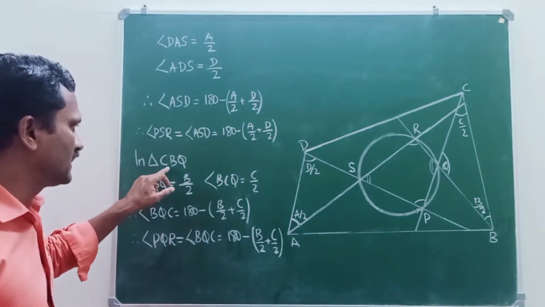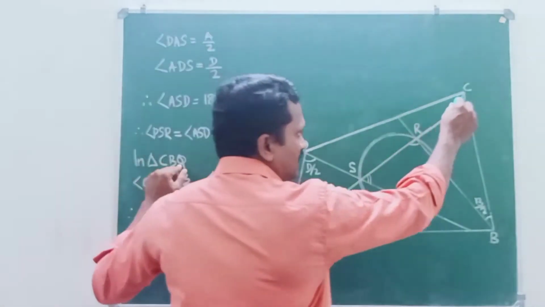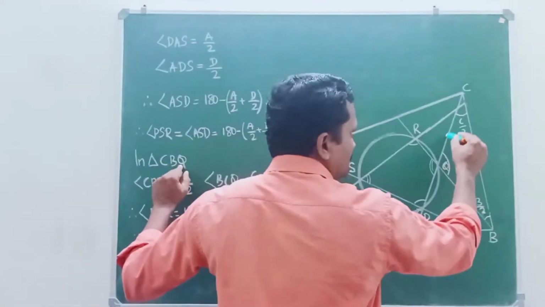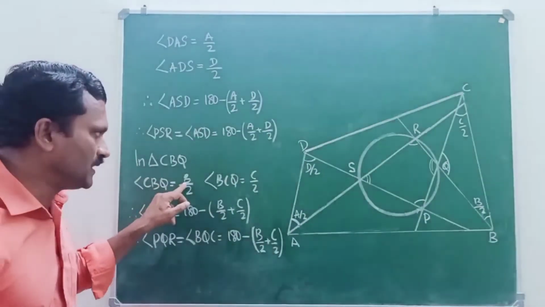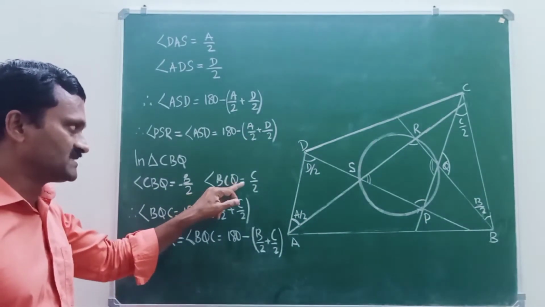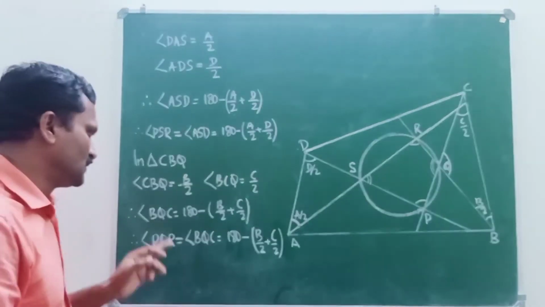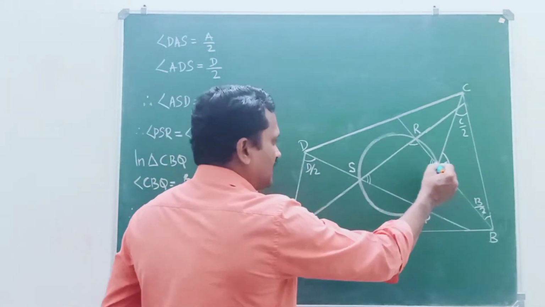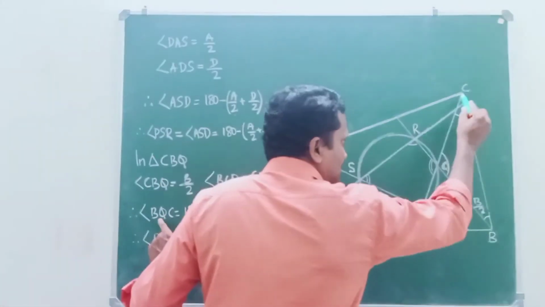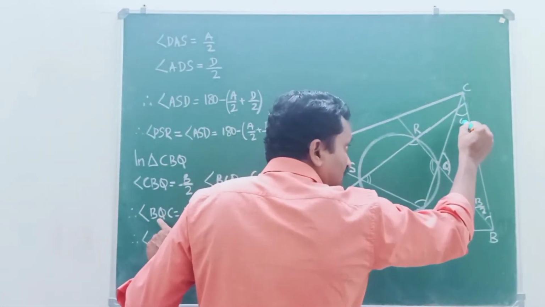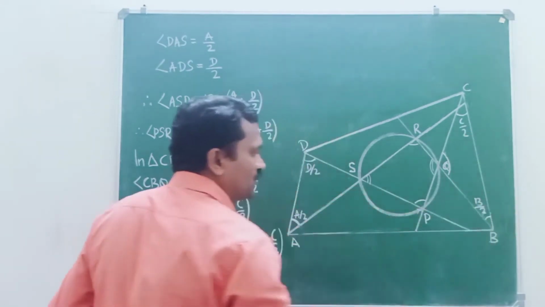Similarly, in triangle CBQ, angle CBQ equals B by 2, angle BCQ equals C by 2. Therefore, the third angle, angle BQC, is 180 minus (C by 2 plus B by 2).